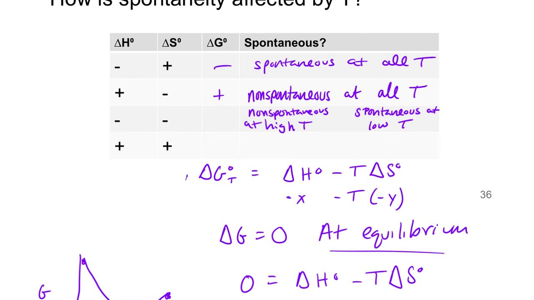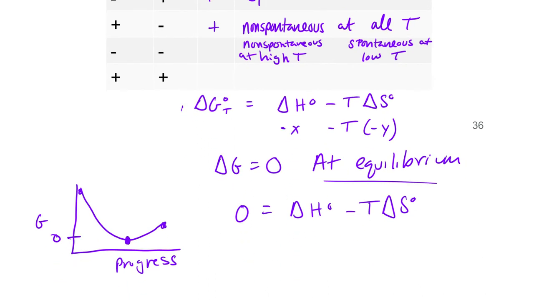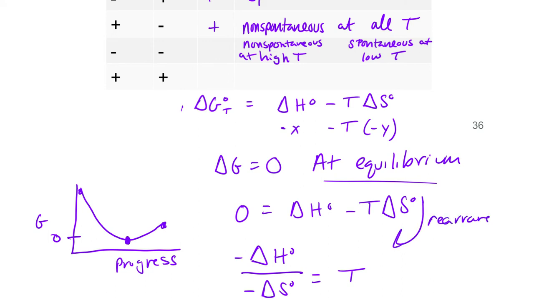And so we can do so by rearranging and solving for the temperature. So if we subtract delta H from both sides and then divide by minus delta S, we'll get this. Minus delta H naught over minus delta S equals T. So we're just rearranging the equation to get that.